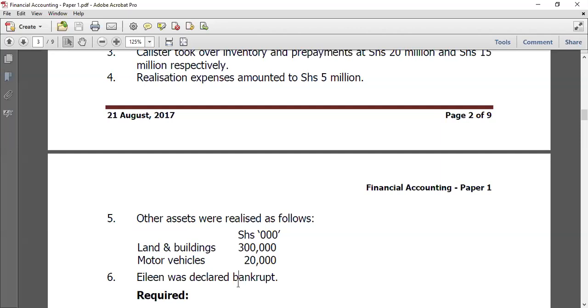Now, we have different theories that speak about the dissolution of partnerships where one partner is declared bankrupt. Okay, and I think if you remember, those that studied the other class on Sunday, okay, you remember something to do with the case of Minder versus Gary.